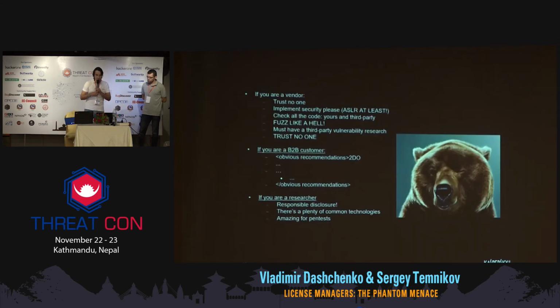As the conclusion, we would like to give a short message: if you're a vendor, you just cannot trust anyone. It might sound really obvious, but not many vendors are listening to it. If you are including third-party code in your system, it might be bad. You should do the code checking every time. You should do the vulnerability research.